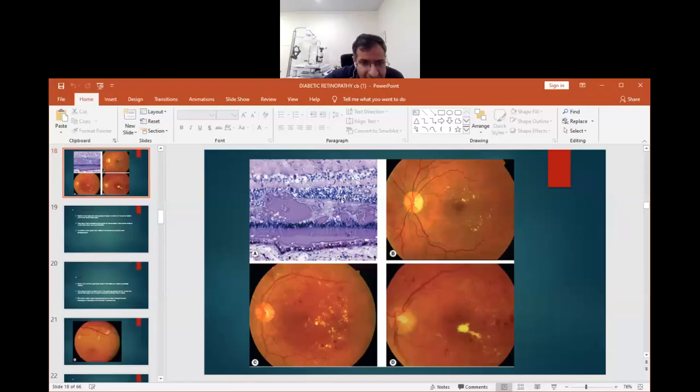The inner layer, the inner nuclear layer, is slightly away, with blue dots. There is a ganglion cell layer, with foamy, whitish areas along with the cellular structures. And in between the two cellular layers, you can see a hyaline material which is lipid.